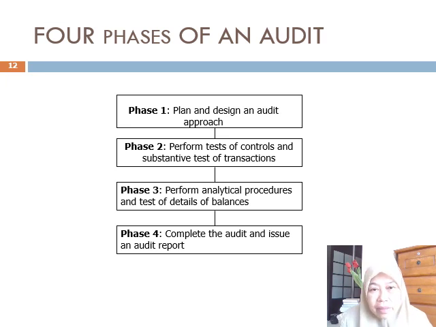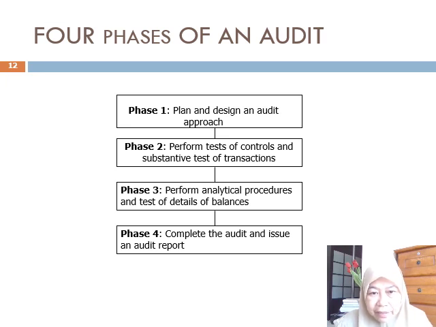Okay, for the auditor to achieve his objective, the auditor has to go through 4 phases of an audit. The first is that the auditor has to plan and design the audit. Then the auditor has to perform tests. So the second and the third phase are about performing testing.